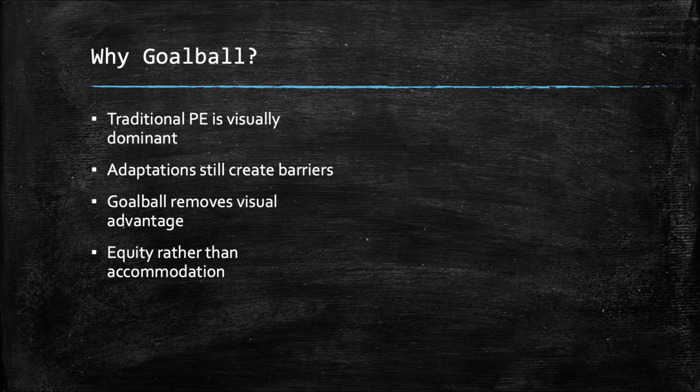Goalball removes these barriers entirely. In my lesson plan, goalball is used as an example of equity rather than accommodation. Everyone plays under the same conditions, and success is based on listening, communication, and spatial awareness instead of sight.